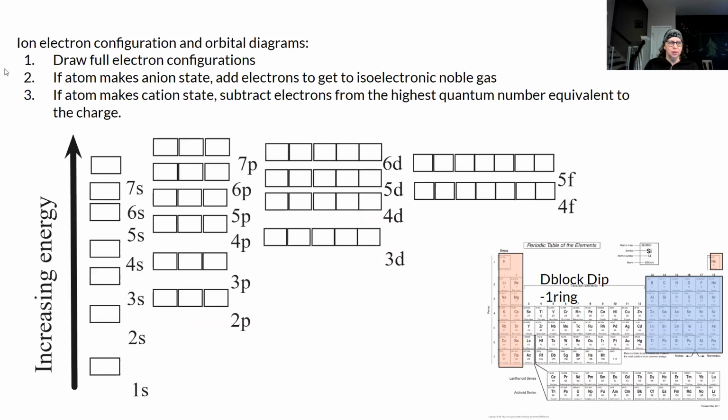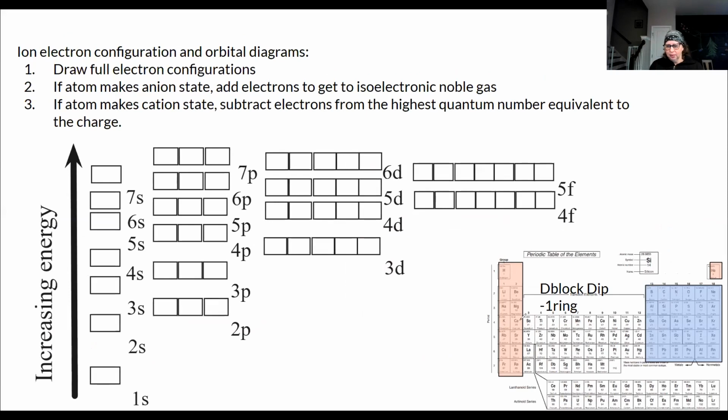So let's do a full one here with the orbital diagram. Okay, so let's do calcium again. Since we did that calcium full one earlier, hopefully doing it again is going to help you. 1s2, 2s2, 2p6, 3s2, 3p6, and 4s2.